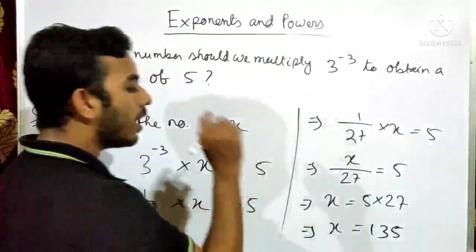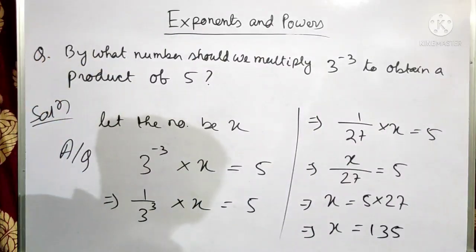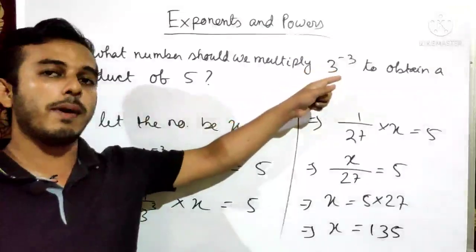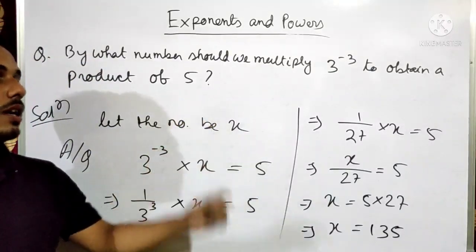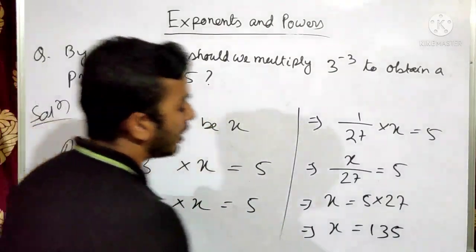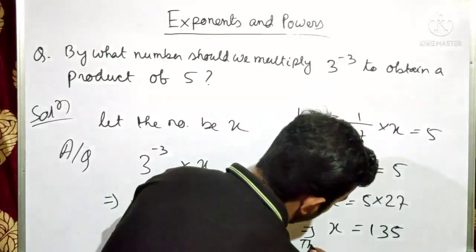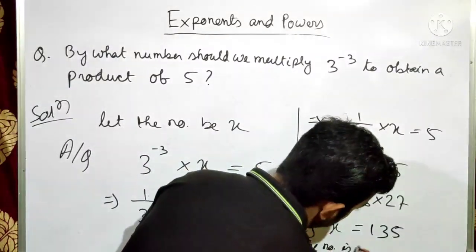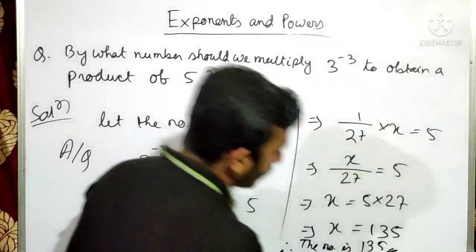135. So now if we multiply 135 with this 3 to the power minus 3, we will obtain the result 5. Clear? So now we write, therefore the number is 135.